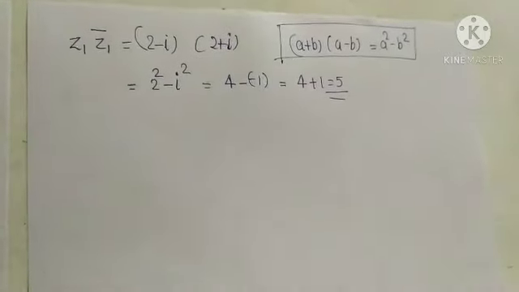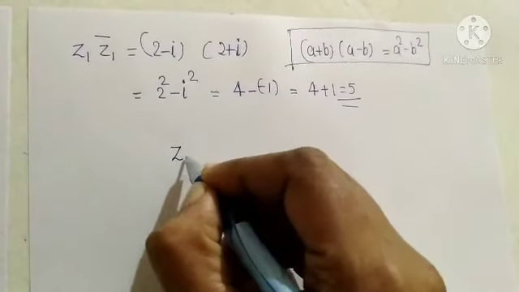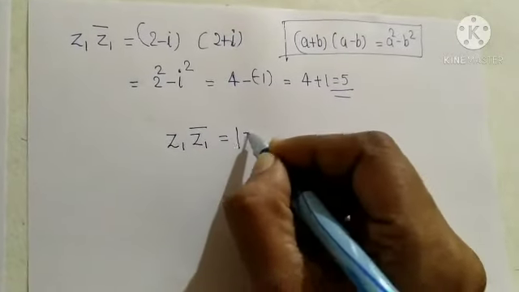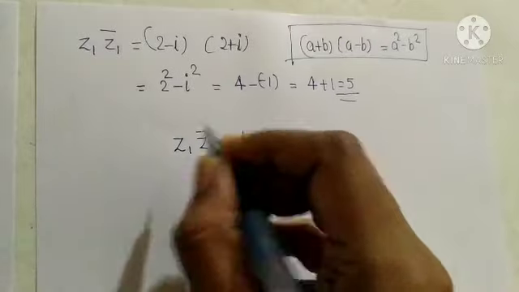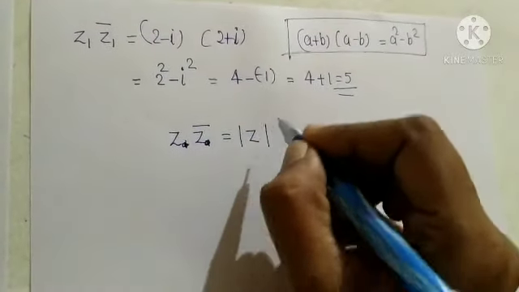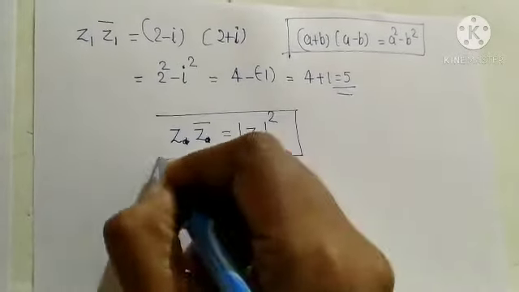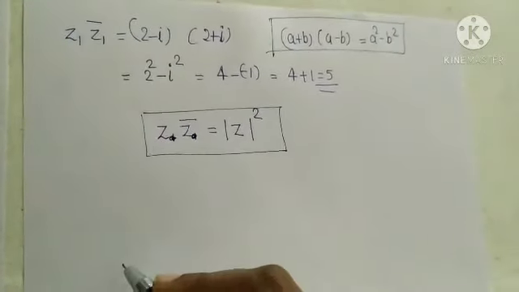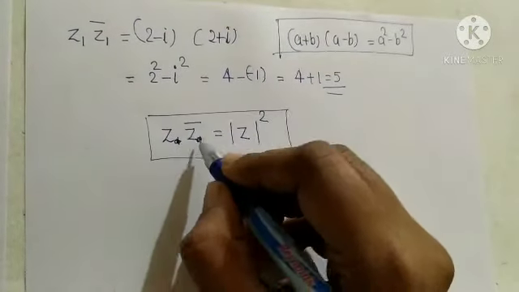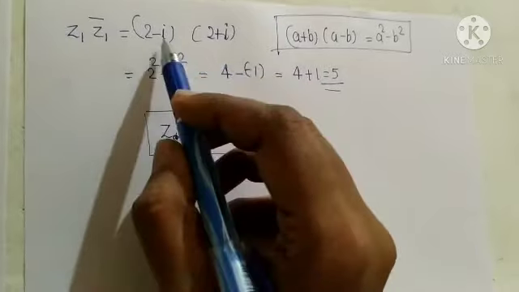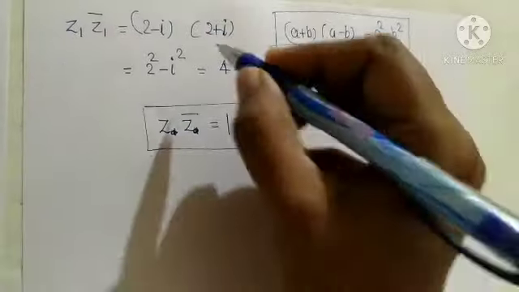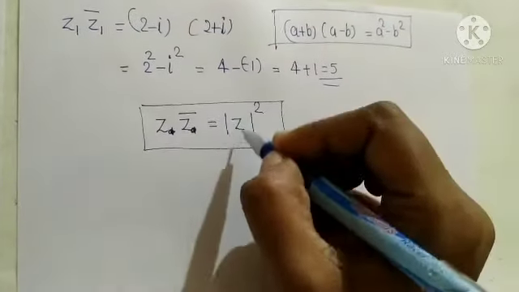Okay. So I am going to introduce a new formula here. z into z bar is equal to mod z square. Also let us check it once. If we need to find out z into z bar here, so given that 2 minus i into 2 plus i is our z into z bar, so we need to find out mod z.